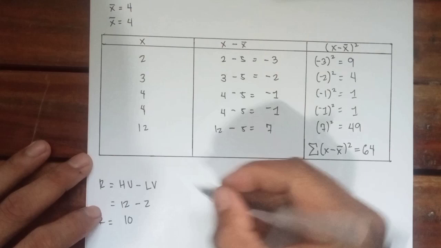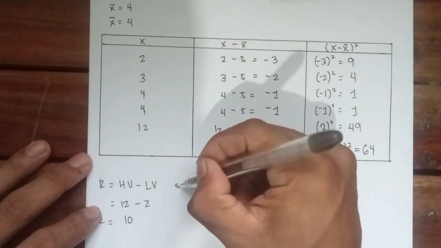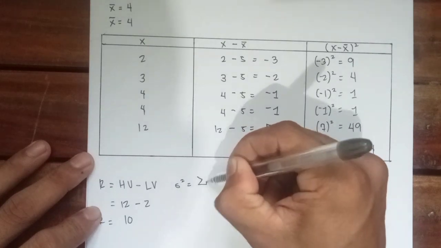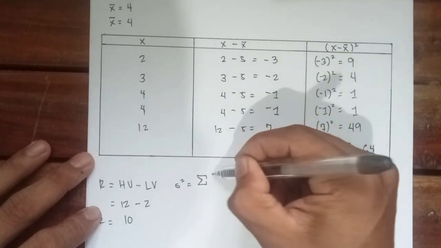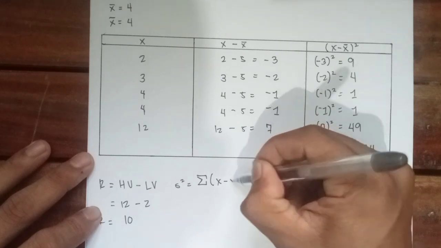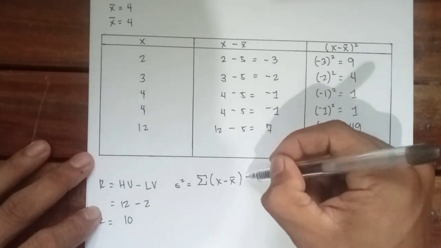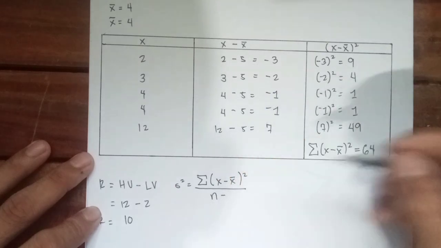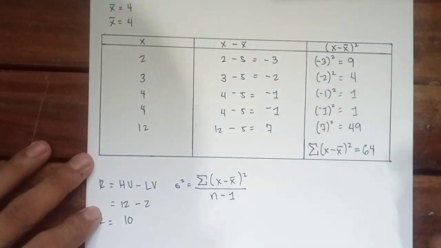And then, punta naman po tayo sa variance. S squared is equal to the summation of x minus mean squared over n minus 1. Ayan na.